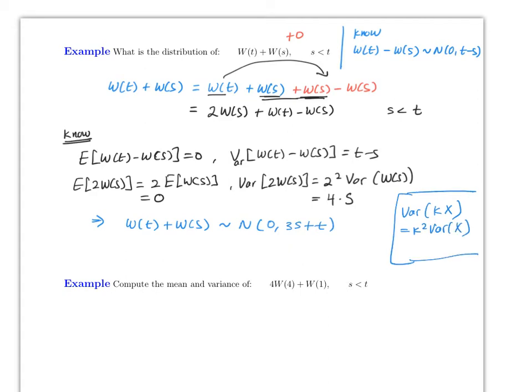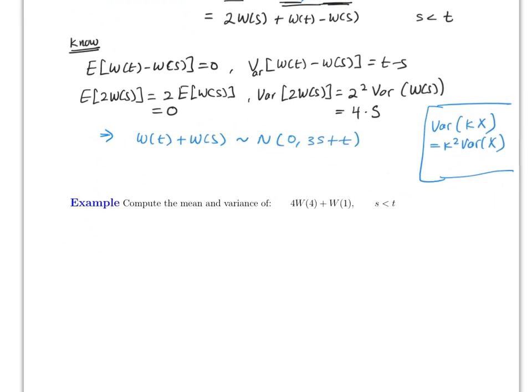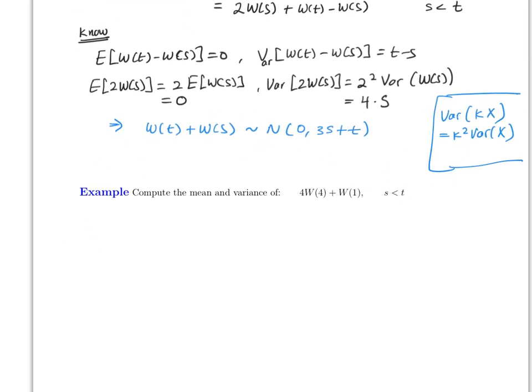Right, let's do another very similar example. This is pretty much asking the same thing, and now it's specifically asking for the mean and the variance, and we already know this is going to have some kind of normal distribution. Clearly here s is 1 and t is 4.